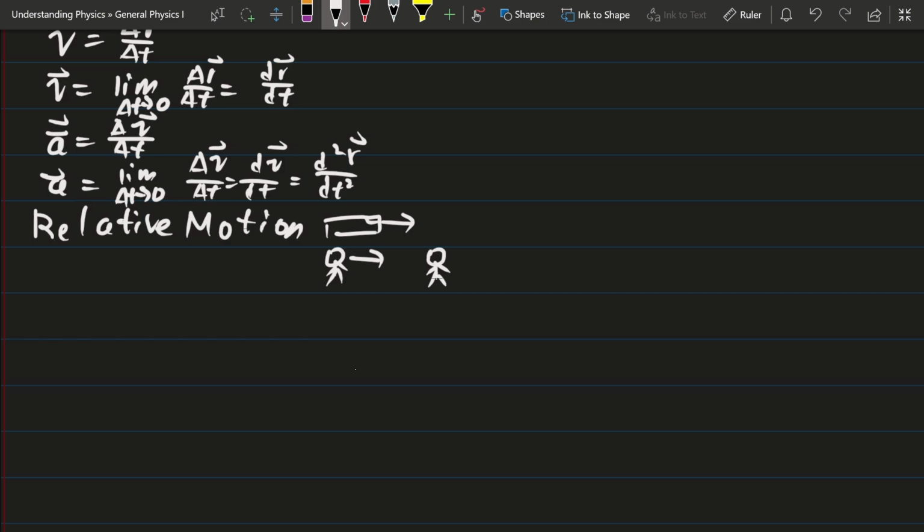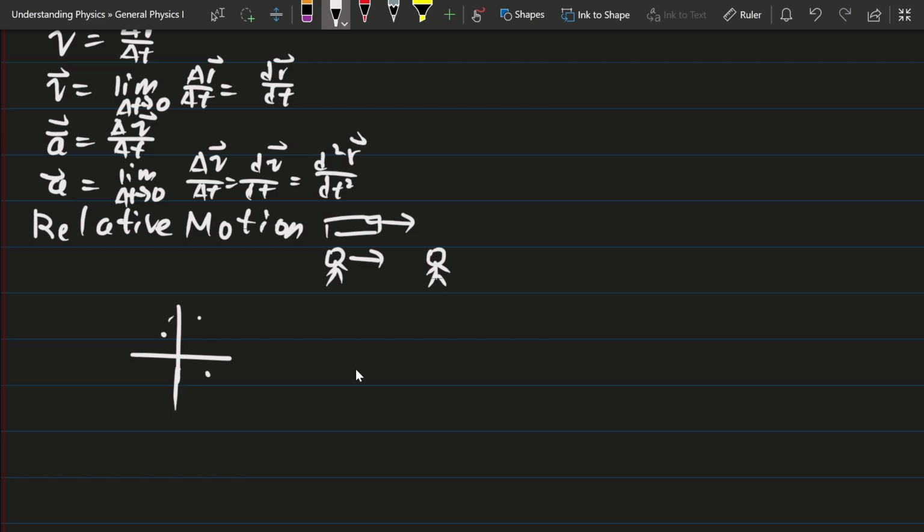So the way that we will try to define relative motion will be, let's say you are in a plane, and there's one object, there is another object, as well as another object right over there.